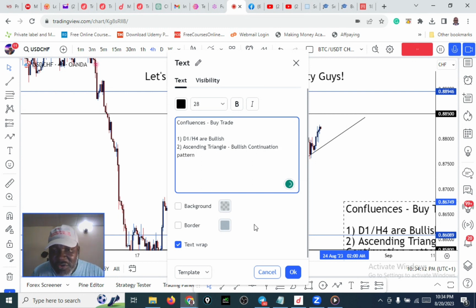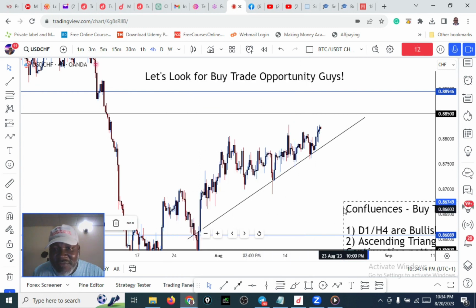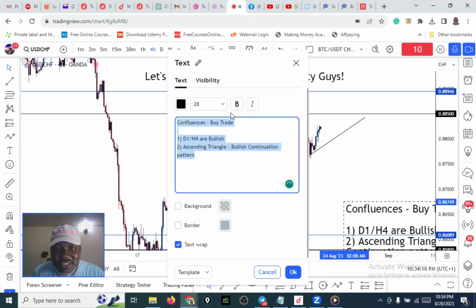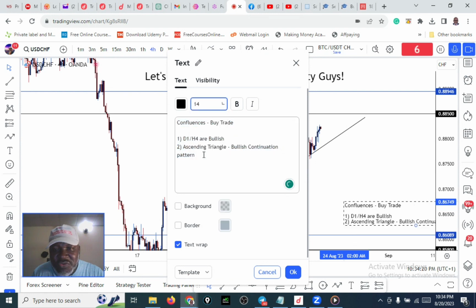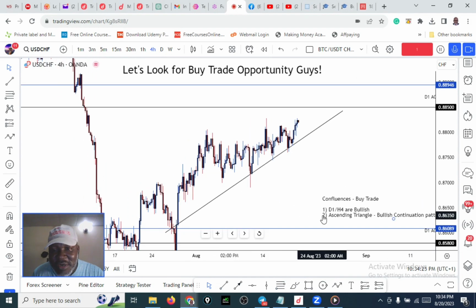So for now, these are confluences. This is too large, let's reduce it to 14.